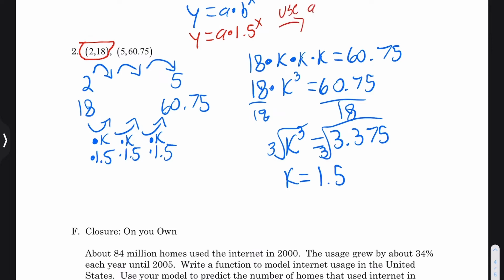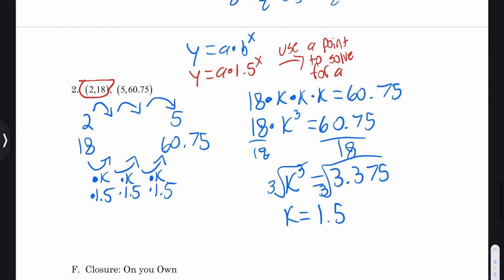Use a point to solve for a. 18 equals a times 1.5 to the power of 2. To save us some time, since we're going to use a calculator anyway, I'll just divide by 1.5 squared.